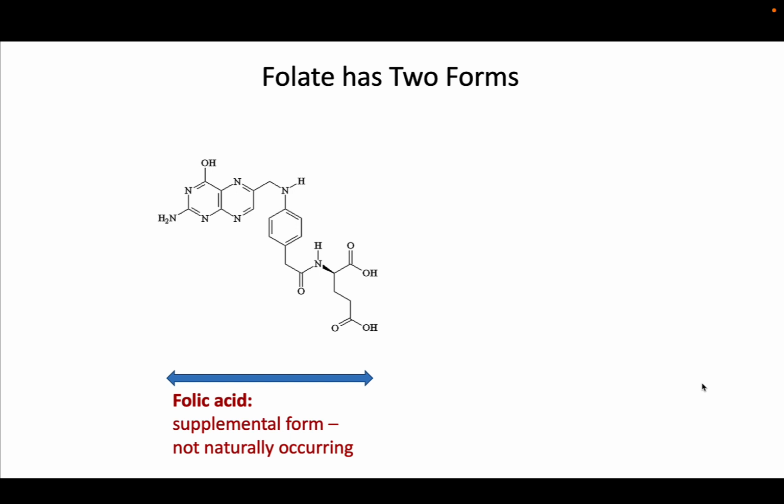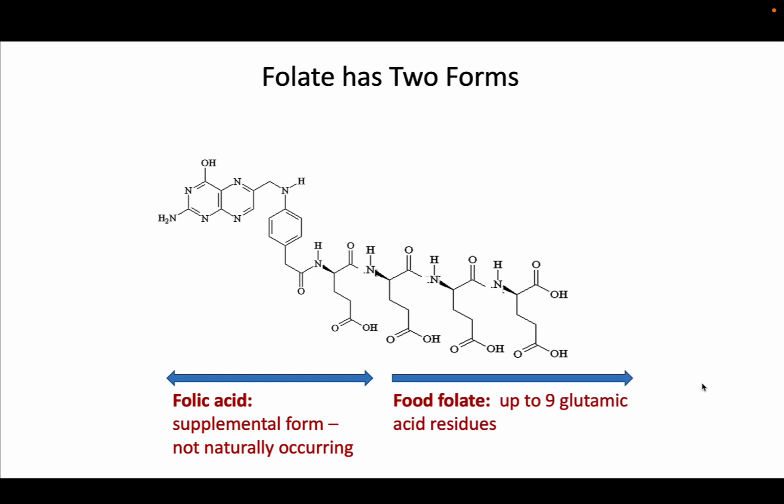The other form of folate is what you'll find naturally occurring in plants and other dietary sources. So here you can see I'm adding multiple glutamic acids, and in food, folate typically exists with up to 9 glutamic acids connected to it. So that can make quite a long branched chain connected to the pteridine components.